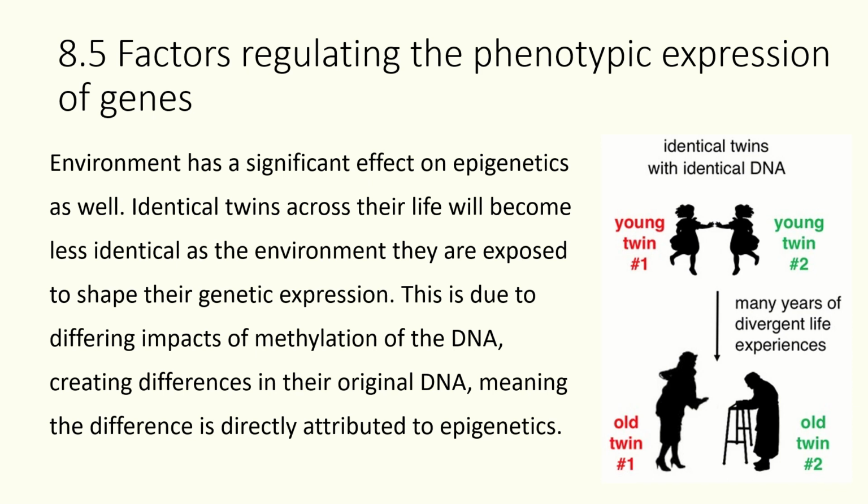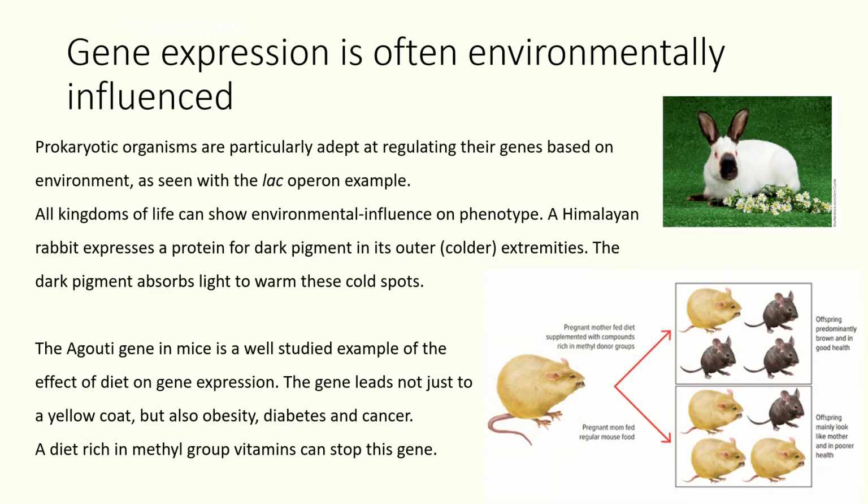Other examples as well, we've got the agouti gene in mice, which can show how diet affects gene expression. The agouti gene leads to them having a yellow coat, but it also makes them obese, gives them diabetes and cancer.